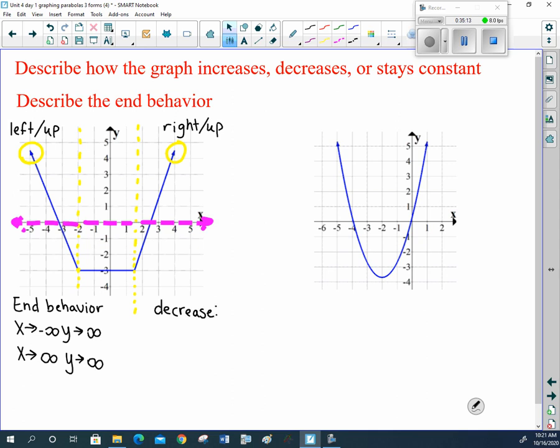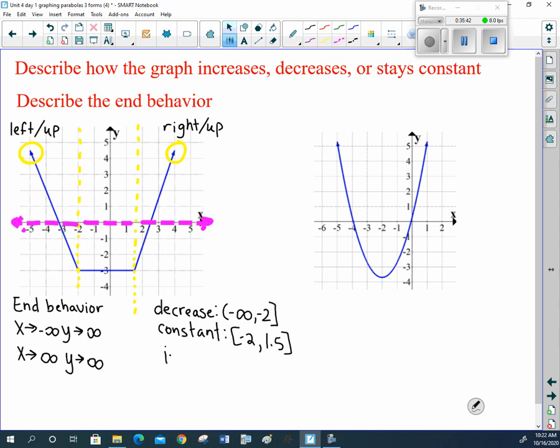So the region where I'm decreasing, remember, it's the domain, is from negative infinity to, where's my dotted line, my yellow dotted line, -2. Okay, and then it looks like I go constant, I go straight across. That's from -2 to about the middle, 1.5.